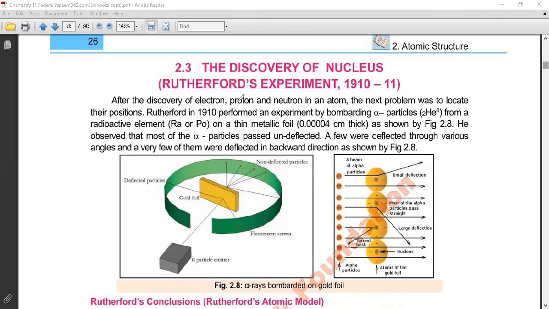Now, when the electron, proton, and neutron were discovered in an atom, the next problem was to locate their positions.